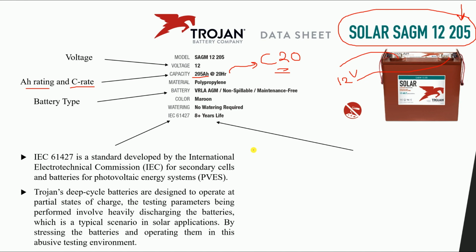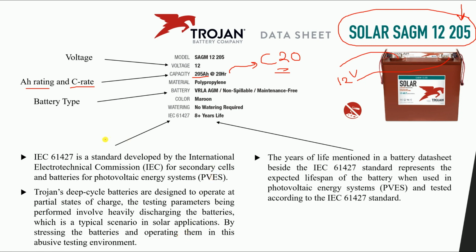You have to understand that these batteries are subjected to tests under this standard, which involves heavy discharging of the batteries, which is a typical scenario in solar applications, in which we are talking about deep cycle batteries. In this test, they were stressed, and they were operating in an abusive testing environment.